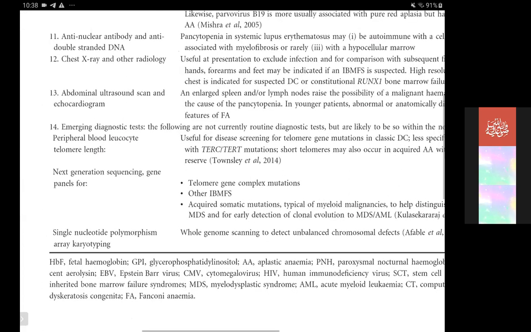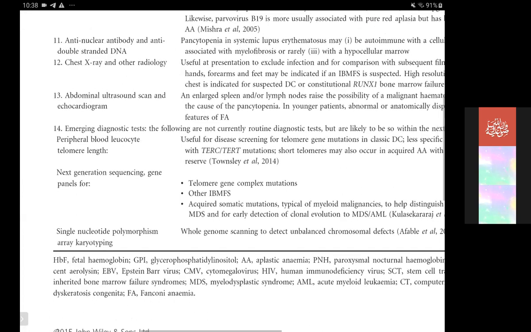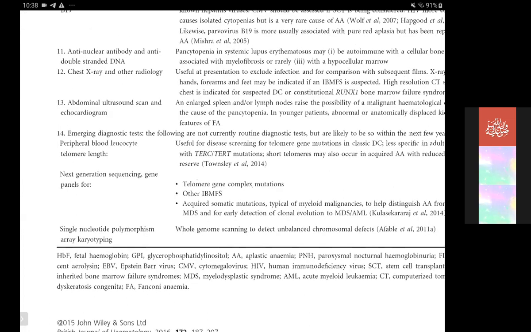And regarding the specialized tests, we not only go for the PNH clone, but also for any other thing that they have mentioned, which is the lymphocyte analysis. Not only the leukocyte telomere length in children and the Fanconi anemia DEB test in children is done, but we can also go for the PNH clone. MDS can also be ruled out by doing cytogenetics, so for deletion 5q and deletion 13q, the most common cytogenetic findings in MDS.